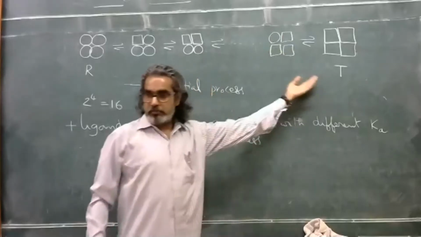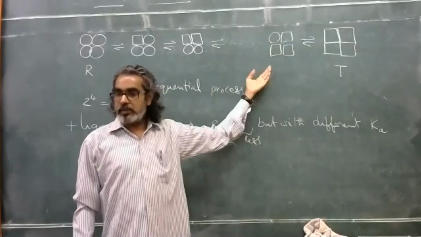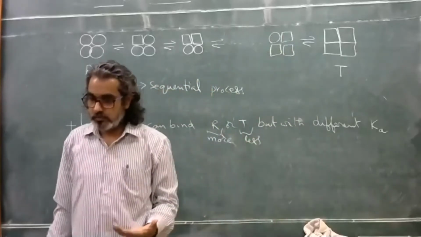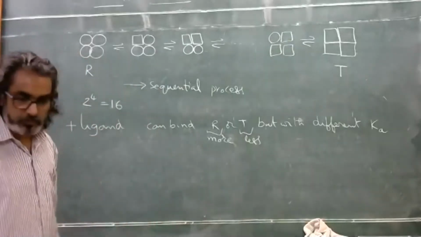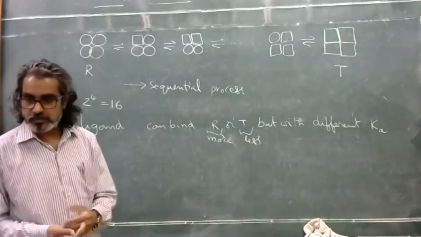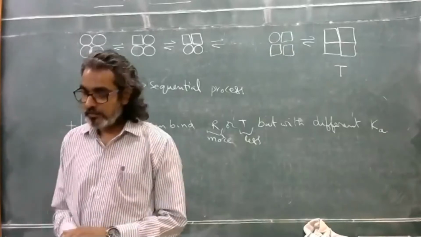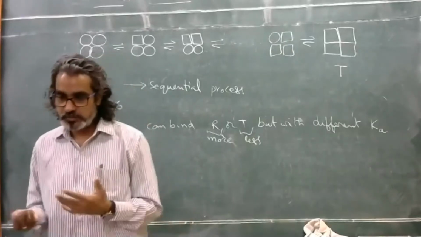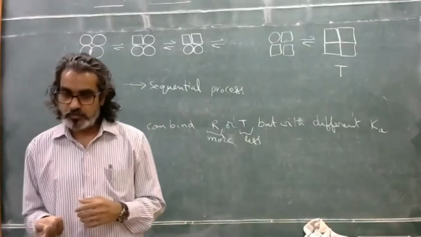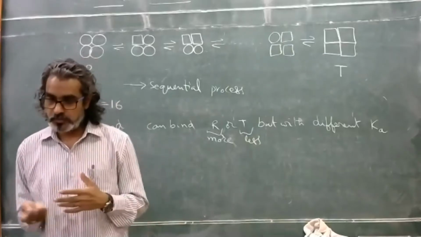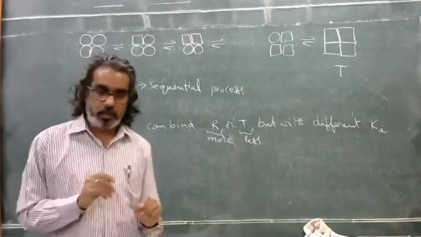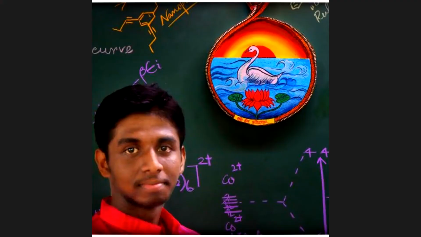So the equilibrium can shift because the ligand preferentially binds R. Because both conformations are different from each other, you can't have the same binding constant, because structures are different. Obviously the ligand prefers one over the other. Here we are assuming that R is that preferential state.